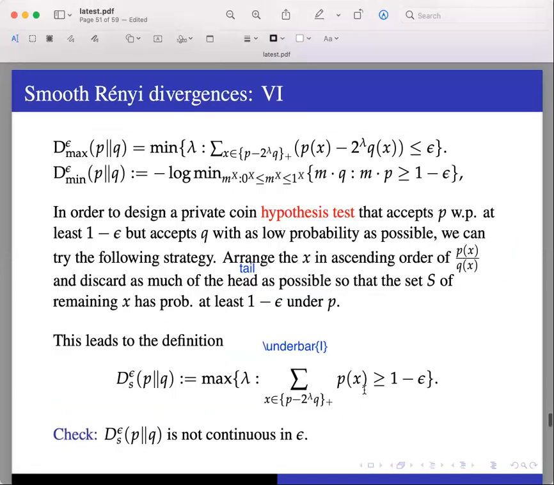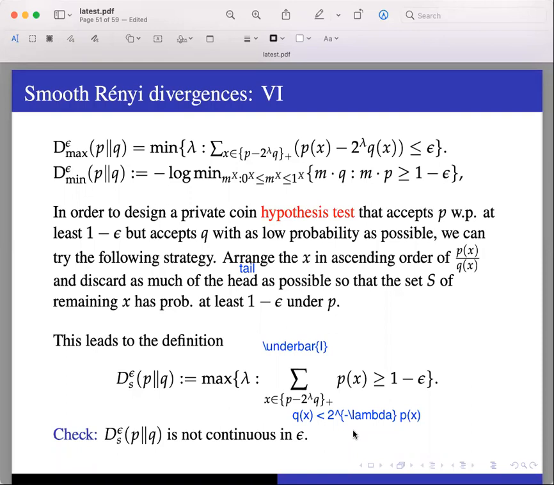So let me write that out here. For x's in this plus set, Qx is less than 2 to the power minus lambda times Px.